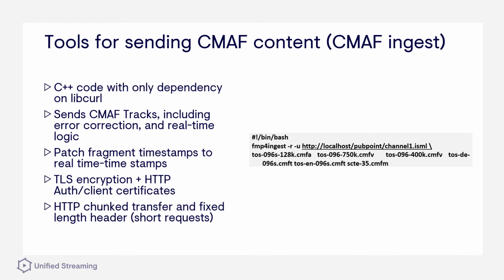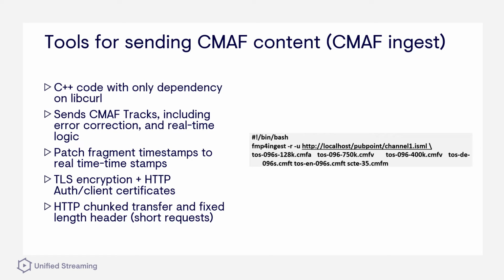All right. So what about the tools that we developed? Basically, CMAF ingest is a protocol between an ABR encoder and an origin server or a CDN. The encoder is the source, and the origin server or the CDN is the receiver. We implemented in C++ the sending of CMAF content, so basically sending of CMAF tracks, including error correction and real-time logic.